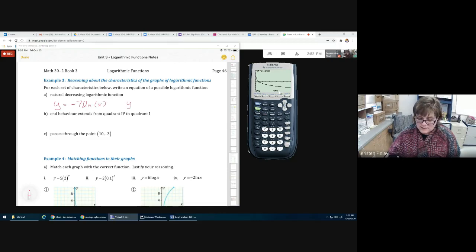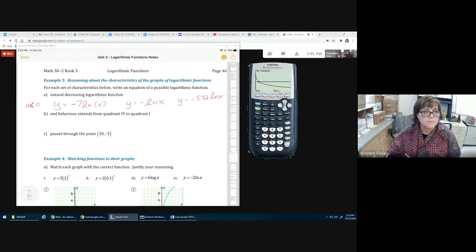It could just be y equals -ln x, and it would still be decreasing. It could be y equals -572 ln x. So as long as that a value is negative, right? So a is less than 0.